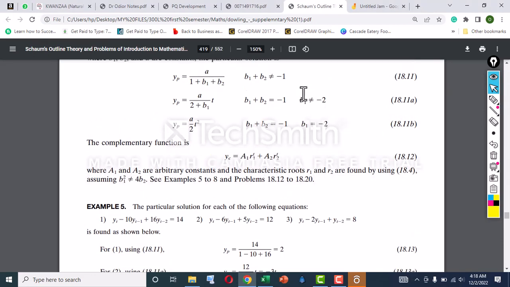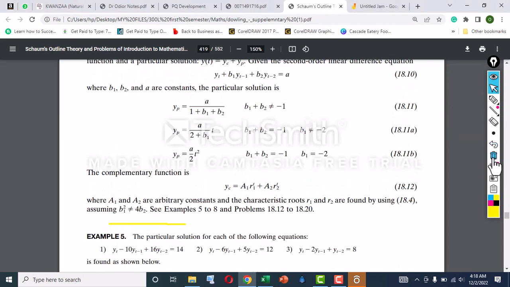So let's start with the first one. It says we should find the particular solution for this equation. Let's look for our a, our b, our c. Remember the form of a difference equation: yt, which does not have anything before it, plus b1.